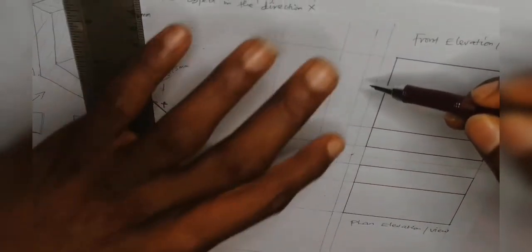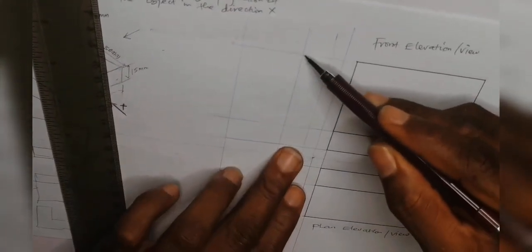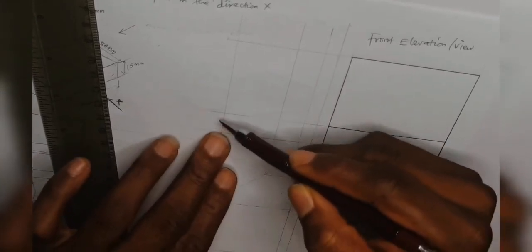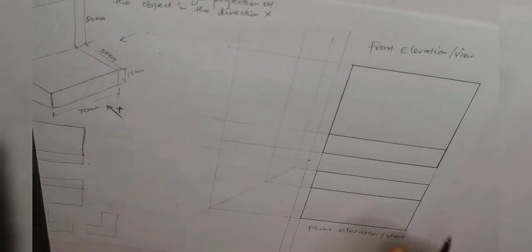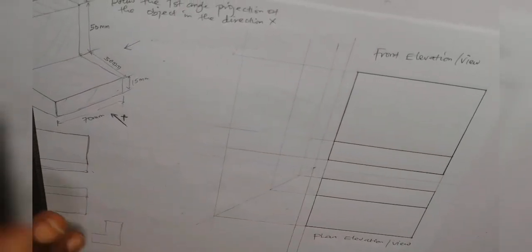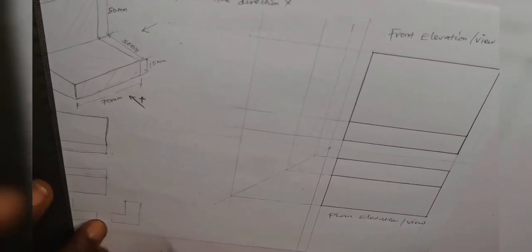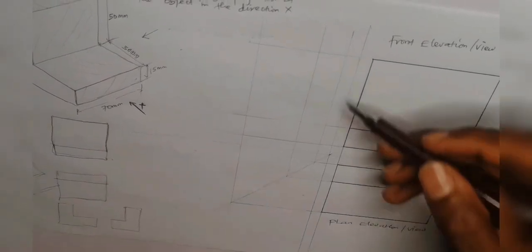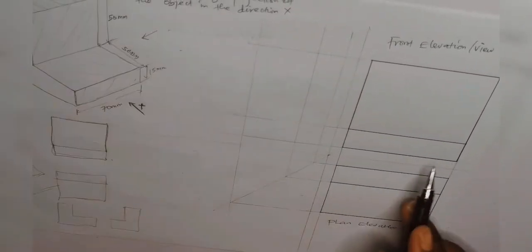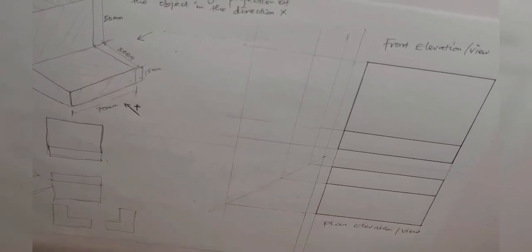So if you look closely, after drawing this outline, you can see that this L shape is already coming out, which is this. It's already forming out. But if you don't understand and you have such an image like this, you have to work with your measurement. That means you have to draw it without using this outline, but it must be on the same level with the front elevation.